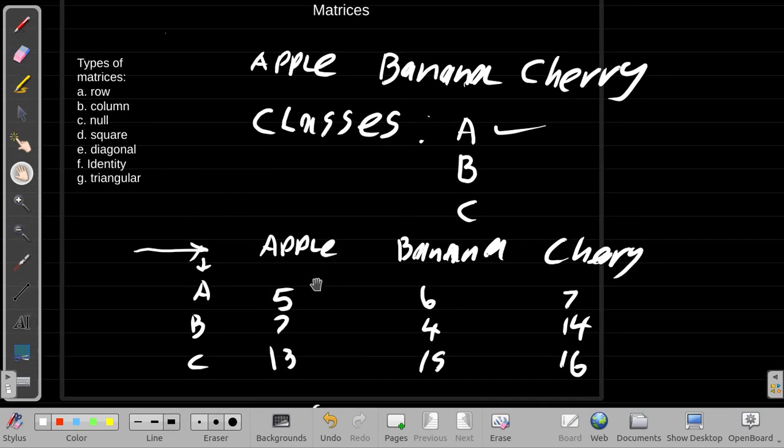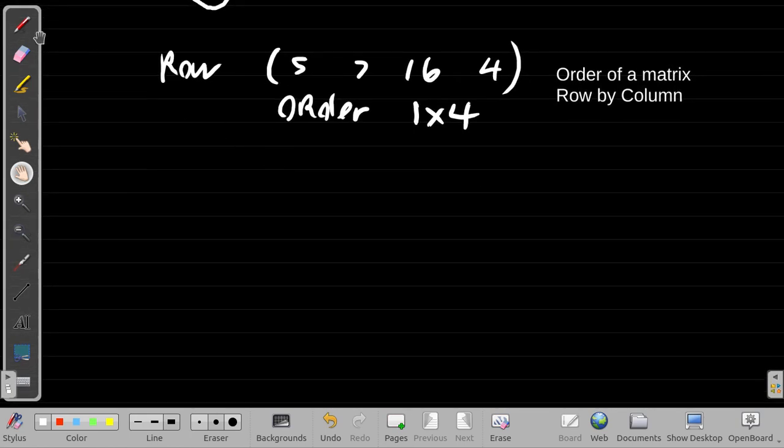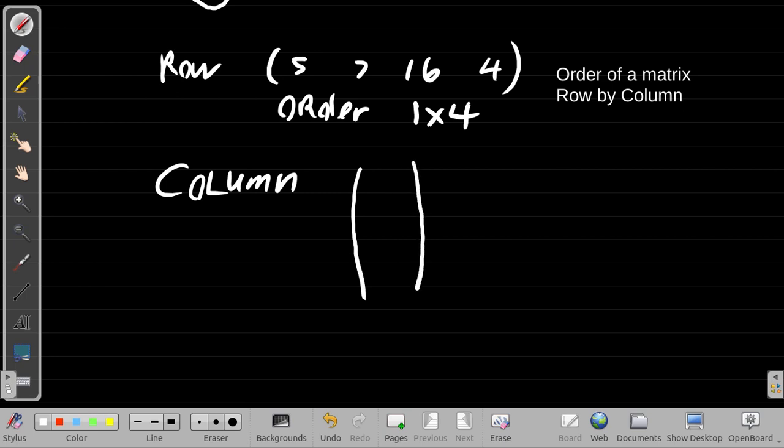Now, the column matrix. What is that? Just like the row matrix is a matrix with one row, the column matrix is a matrix with one column. Like you have 5, 7, 2. It's a column matrix.